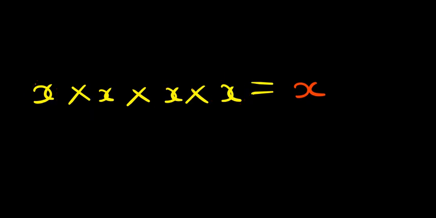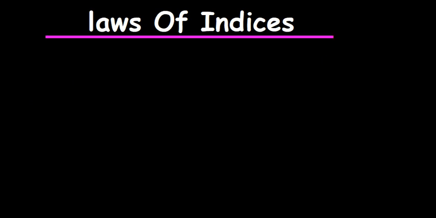So we've got 4 x's, so it will be x to the power 4. So basically these are the simple rules about indexes or indices. Now what are some of the rules before we start solving some questions?